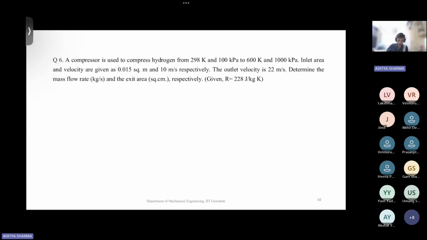So what happens in a compressor? It will compress some fluid that will pass through it, right? And what is compression? Compression basically is increasing your pressure, right? But with increase in pressure comes also increase in temperature. That is another aspect of compression, right?